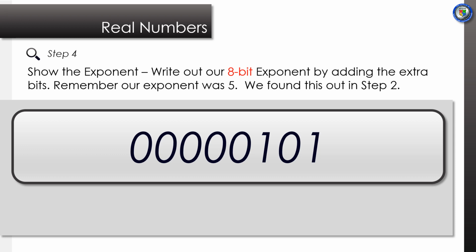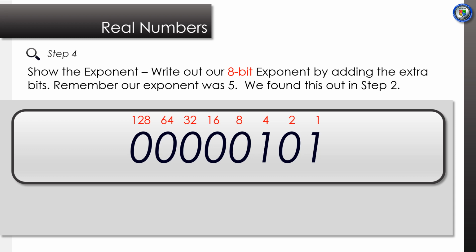In step 4, we will convert our exponent to binary and show this using 8 bits. Remember, our exponent was 5. We found this out in step 2. We would represent this exponent using 8 bits as follows: 00000101.